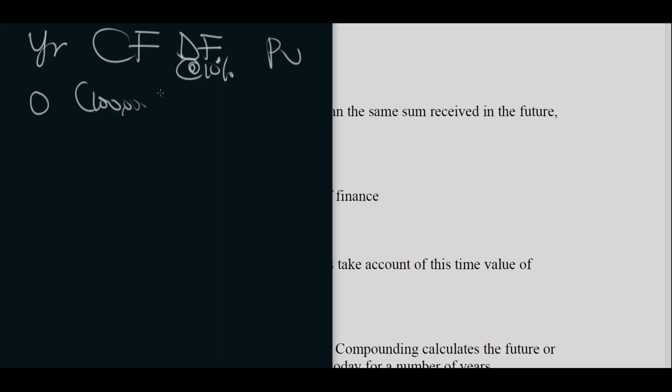And because it's today, the discounting factor is year 0. So if I do 1.1 raised to the power minus 0, I get 1. So if I multiply, I still have 100,000, which I will invest today.